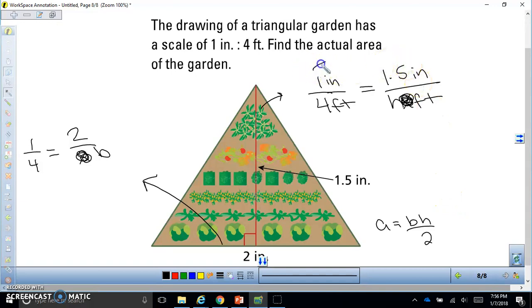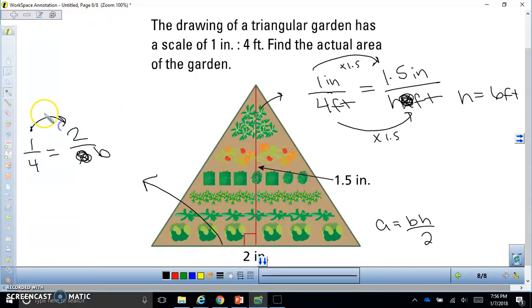What times 1 is 1.5 times 1.5? So 4 times 1.5, pull out our handy dandy calculator, is 6. So h is 6. The actual height of the real triangle garden is 6.